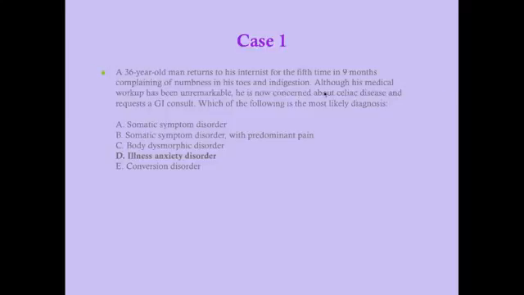If you took out, he is now concerned about celiac disease and requests a GI consult, and he came in for the 5th time in 9 months with these complaints of numbness in his toes and indigestion, even though his workup had been completely unremarkable, then perhaps we could make a diagnosis of somatic symptom disorder. However, the fact that he's concerned about a specific disorder, even though his symptoms have nothing to do with that disorder except for maybe the indigestion, pushes you towards illness anxiety disorder.